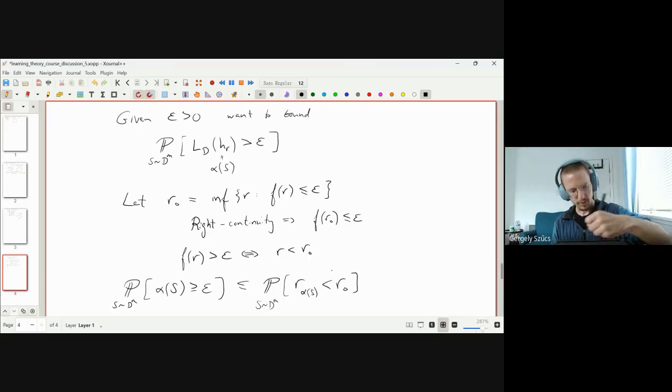And this happens if and only if for all i such that y_i is equal to 1, we have norm of x_i less than R0. That's right.